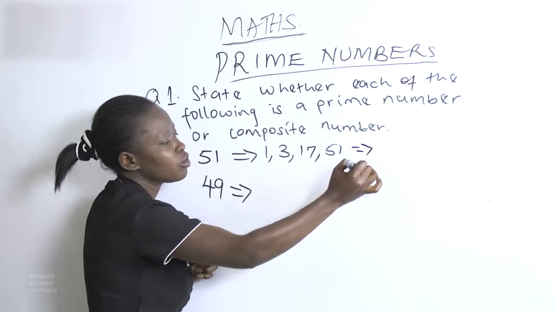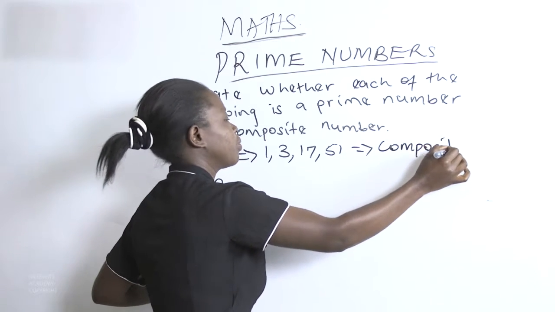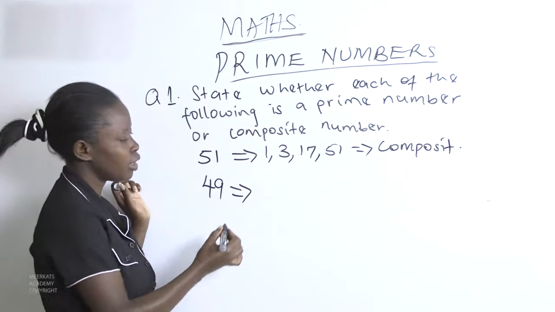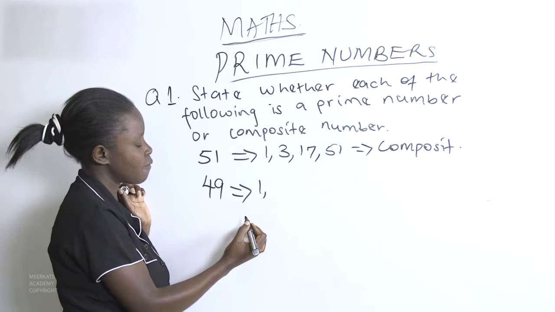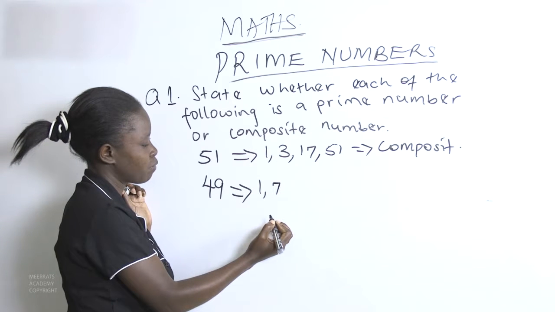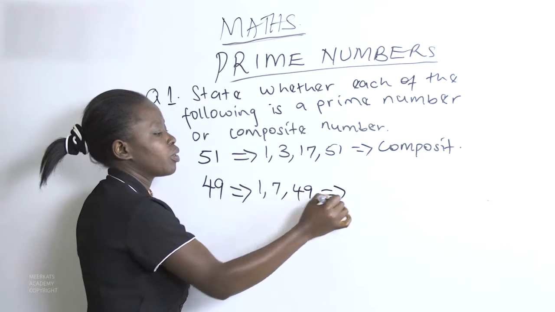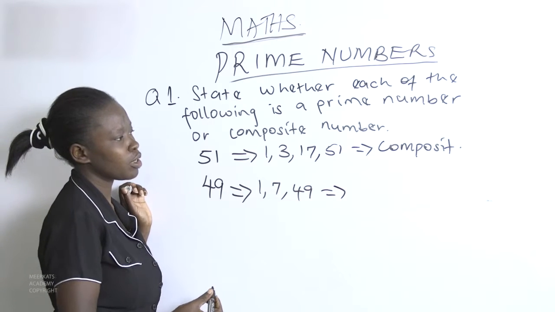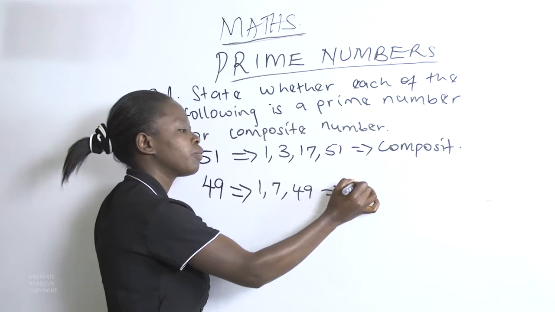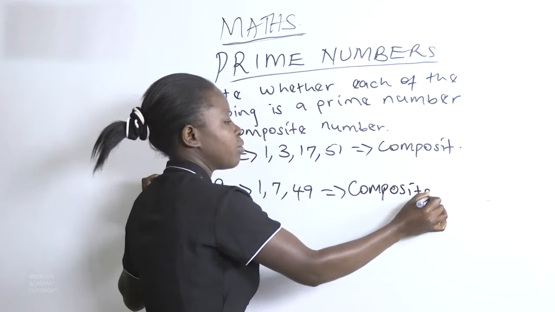So more than 2 factors, this is a composite number. For 49, we have 1, 7, and 49. So more than 2 factors, meaning it is also a composite number.